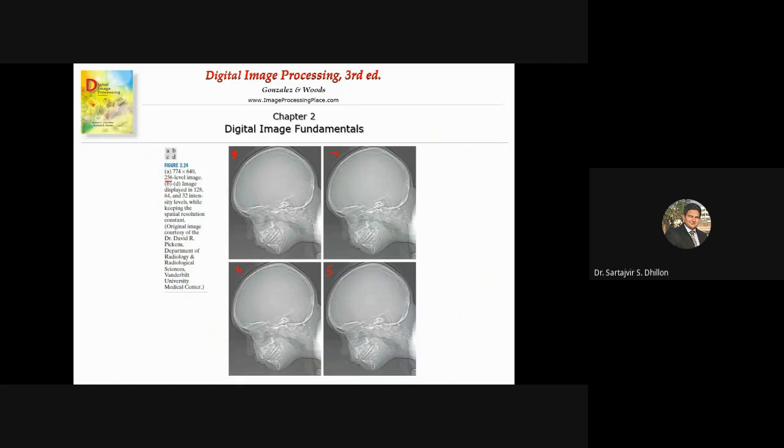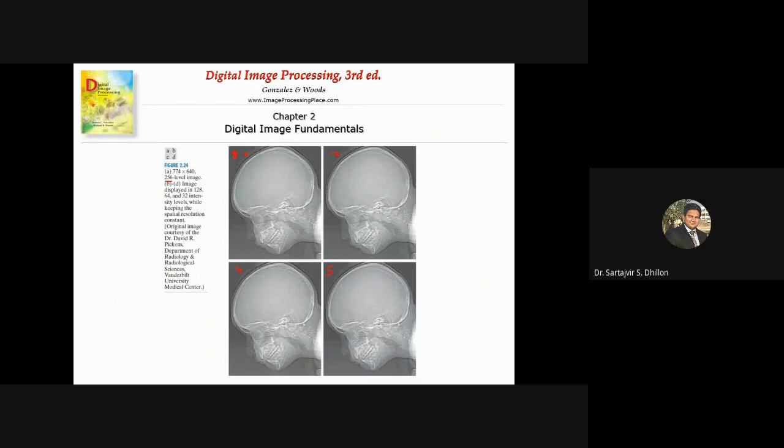So you can easily calculate the number of gray levels from this value of k. In this figure the number of intensity levels is 2 raised to power 8, which is equal to 256. So there are 256 gray levels in that particular image.